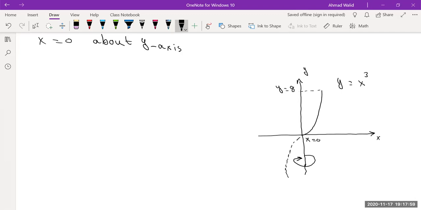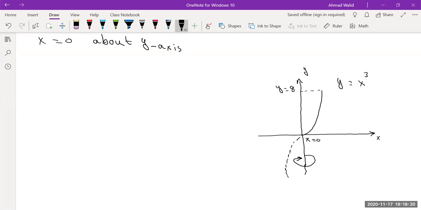Not about the x-axis, because if you do it about the x-axis, it gives you a different value. If you rotate about y, it gives you a different value. Remember, the values are not the same. If you rotate about x, do it at home, calculate it.